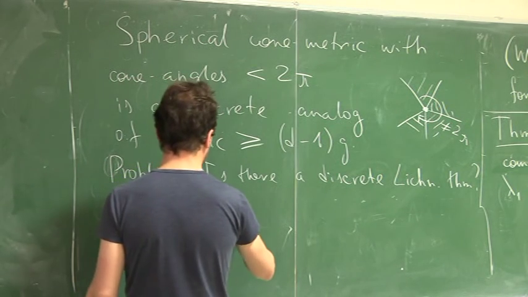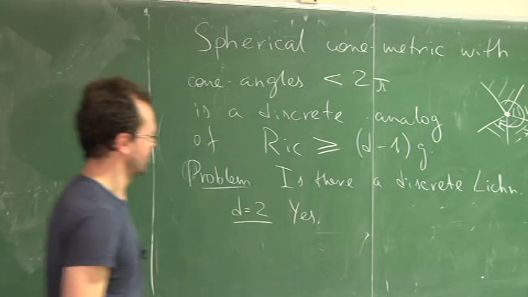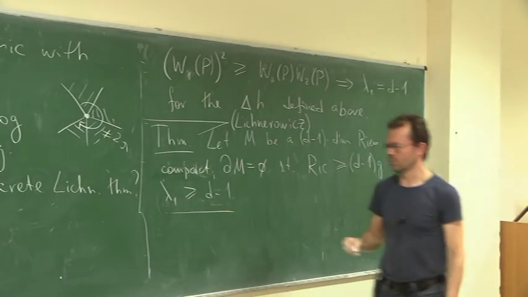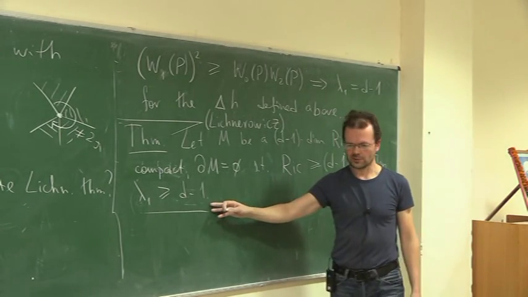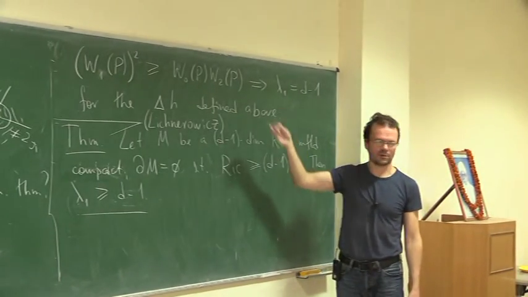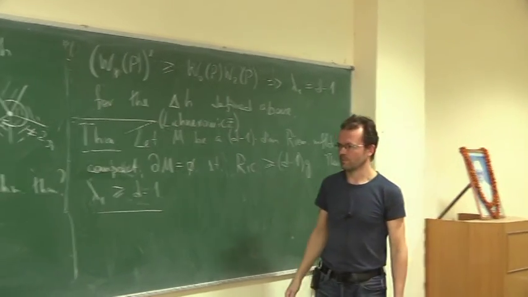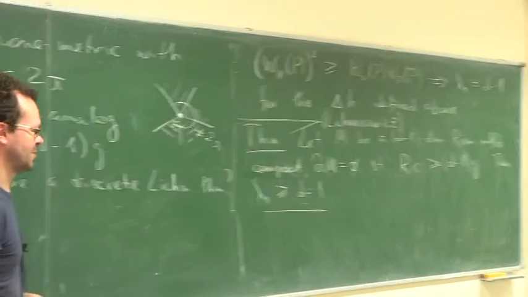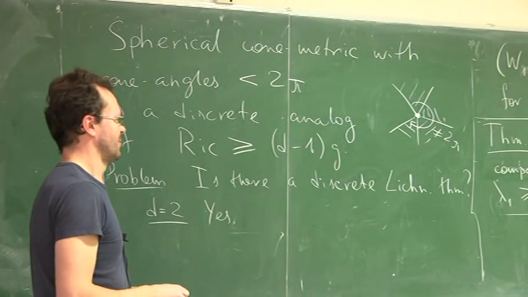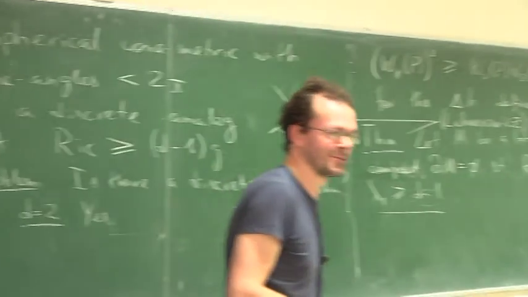So in dimension 2, yes. Again, this discrete Lichnerowicz theorem must be stated for some Laplace operator, and one can define this discrete Laplace operator in somehow the same way that I did for the sphere. Of course, high dimensions is a question, and I find this an interesting question.